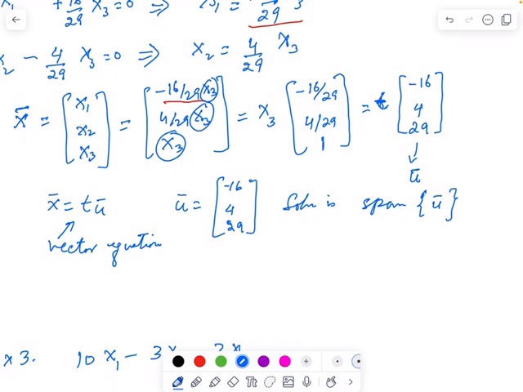Remember, we can multiply by some real number. So I multiply the whole vector by 29 and get rid of the fractions, and my vector becomes negative 16, 4, and 29, and then here is t. But what is t? t is basically just 1 over 29 x3.